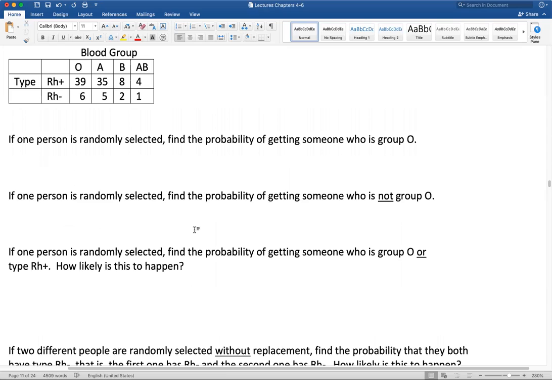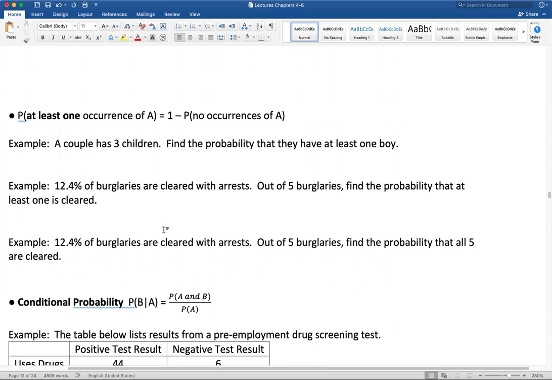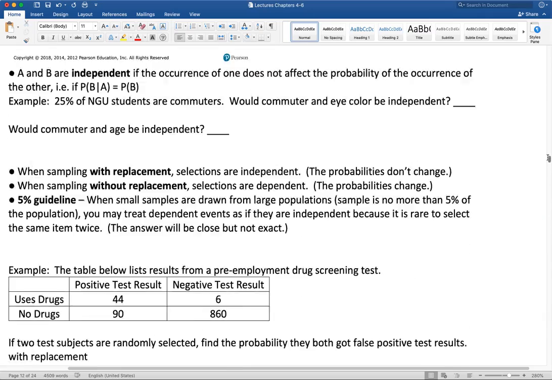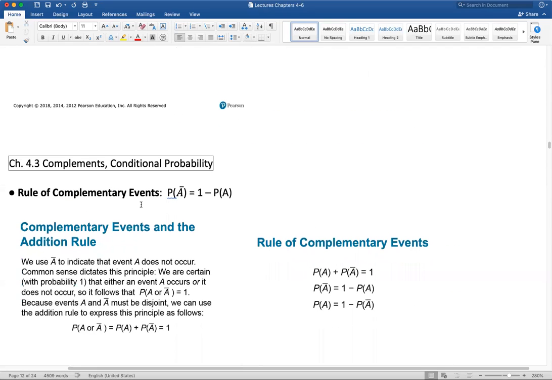Let's see. The next one, let me go over the at least one occurrence of A, to figure out the probability. I explained about this one roughly, and just take a look at this one. To do that, we need to study the rule of complementary events.